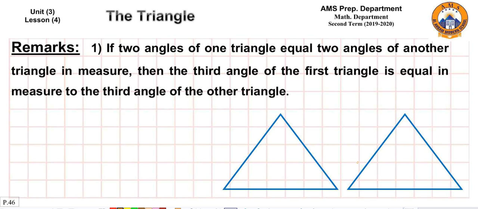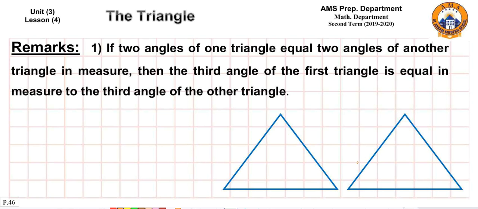If two angles of one triangle equal two angles of another triangle in measure, then the third angle of the first triangle is equal in measure to the third angle of the other triangle.